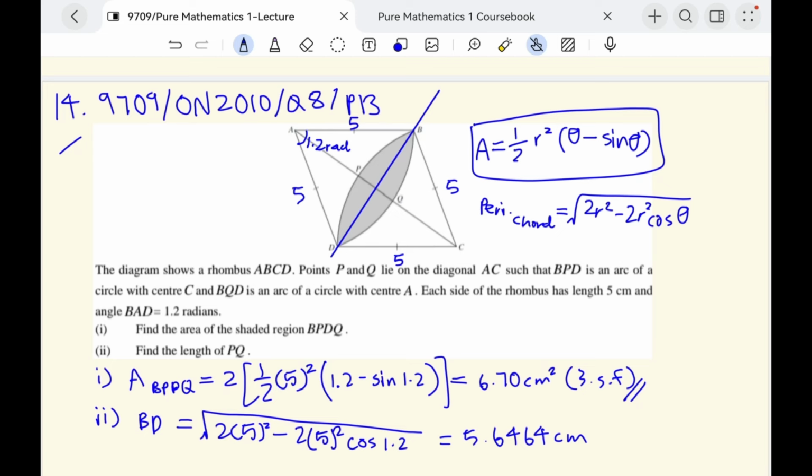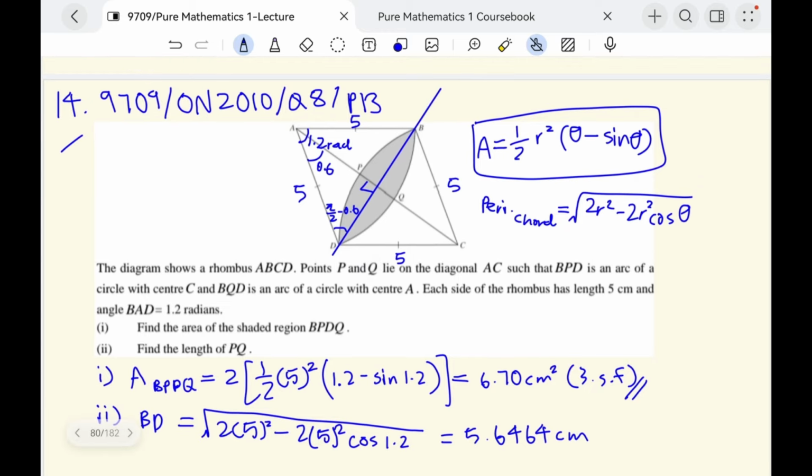To find your AC, we separate this into halves, correct? That means here is your 0.6 rad, here is your 90 degrees or pi over 2. So that means here is pi over 2 minus 0.6, correct?